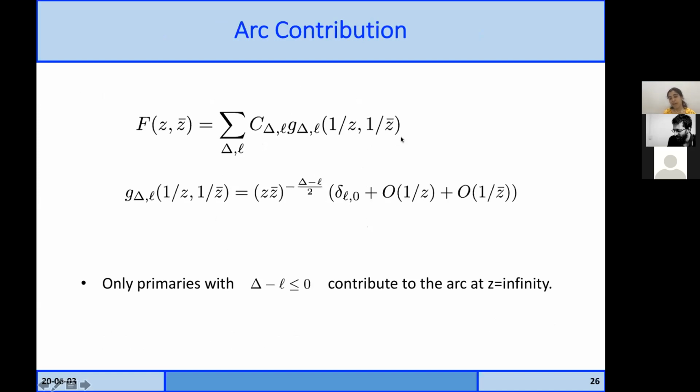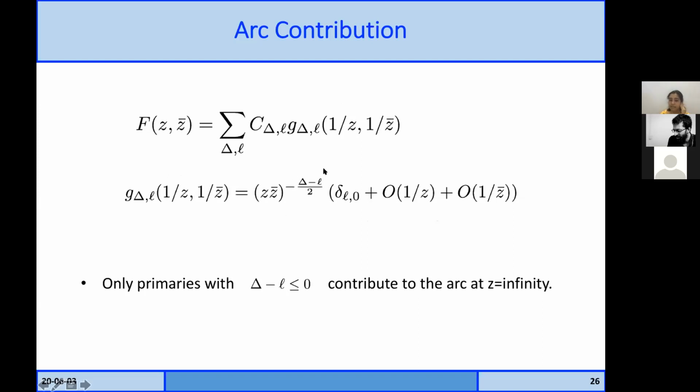This is the expansion of the correlator in the U channel, which is in powers of 1 over Z and 1 over Z bar. This shows why it's important for the arc, because we are interested in the Z equals infinity behavior of the block.